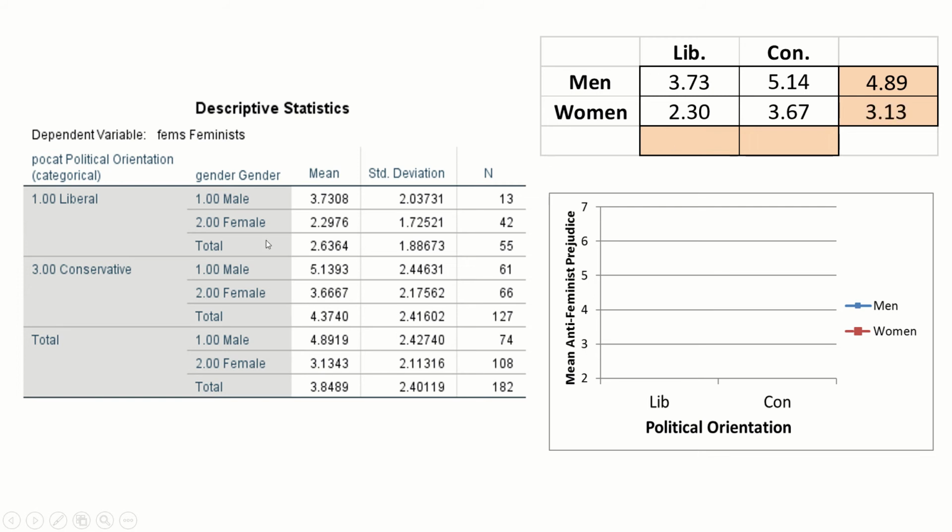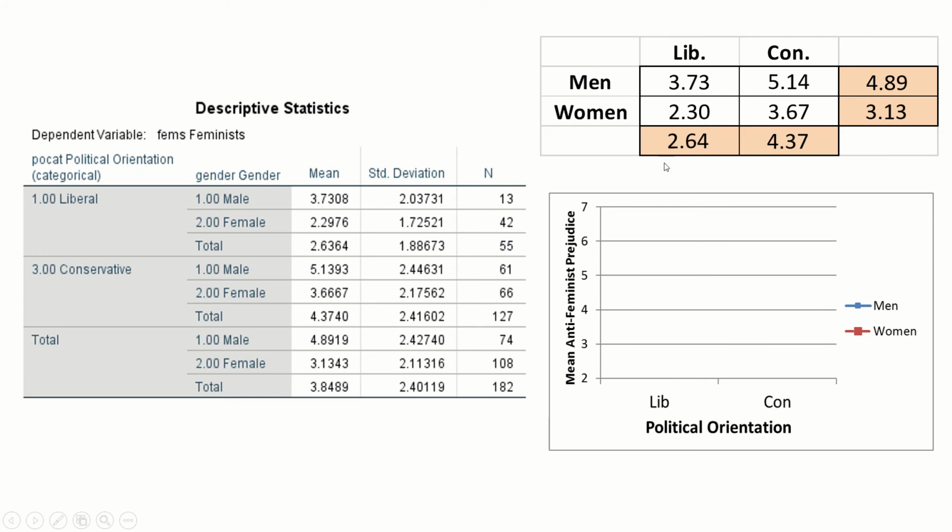For liberals and conservatives, the liberal total is 2.64 and the conservative total is 4.37. So always remember, marginal means are the totals in the SPSS output table here.